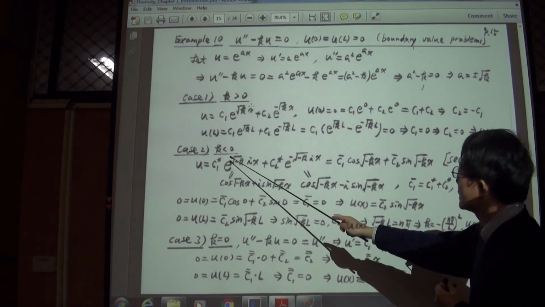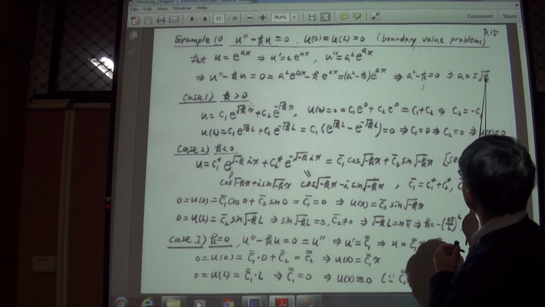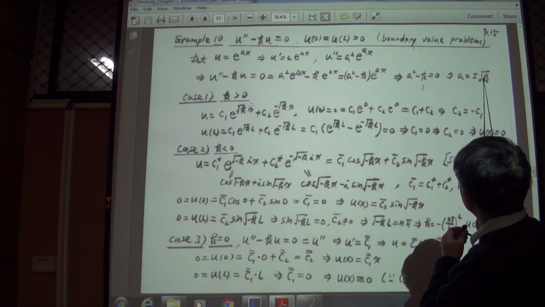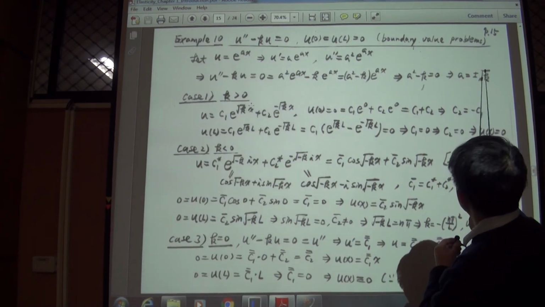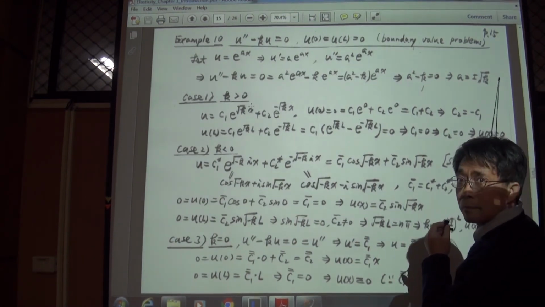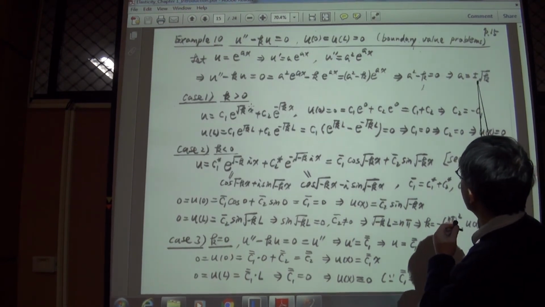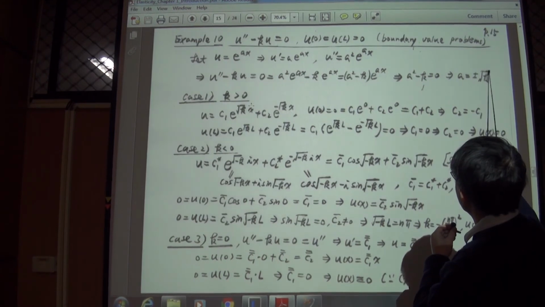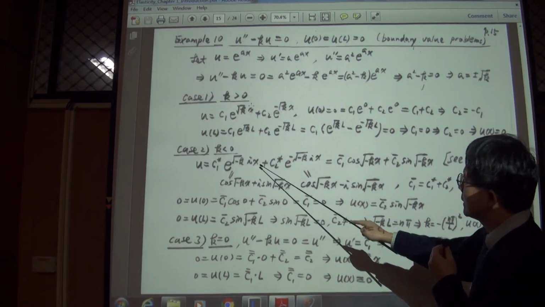In another case, k is negative. Okay, so since k is negative, we must say that this is minus ki, like this. Because k is negative now, in the square root, we should modify this term as square root of minus k times i, like this.